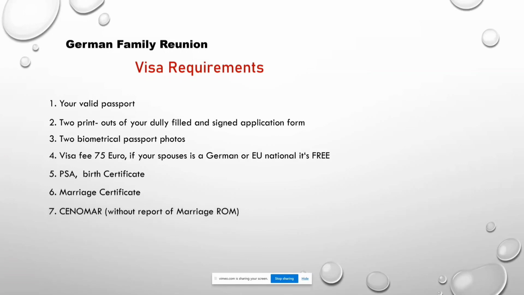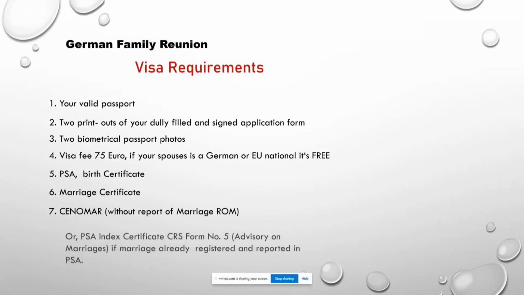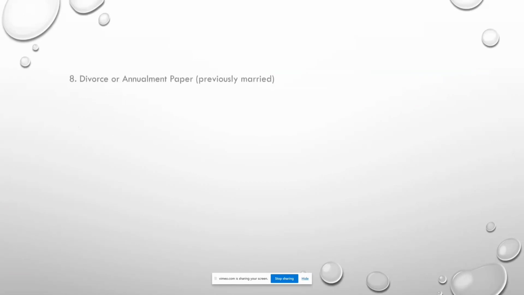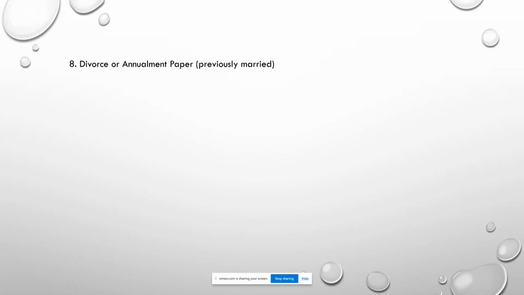Number 7, CENOMAR without report of marriage, or PSA Index Certificate or Report of Marriage if your marriage is already registered or reported in PSA. Number 8, divorce or annulment paper if previously married. Number 9, A1 German language certificate.